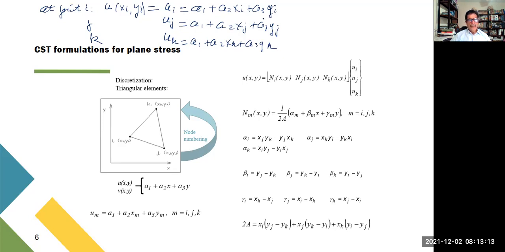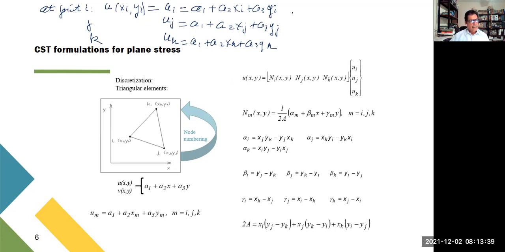A1, A2, A3 are the constants of interpolation. We're going to find them. And xi, yi, xj, yj, etc. are the positions of the three joints that we know, because we already completed the discretization. So we know where those values are.